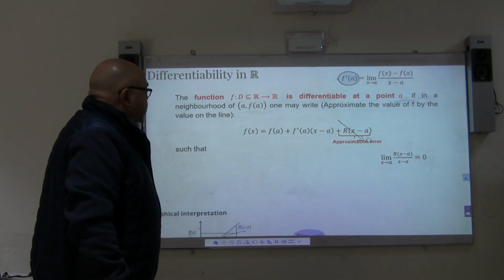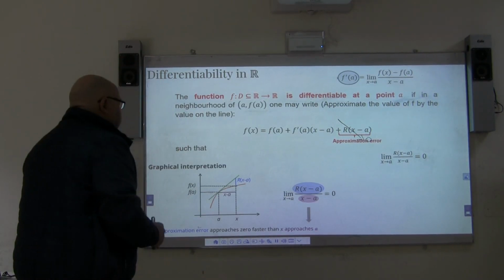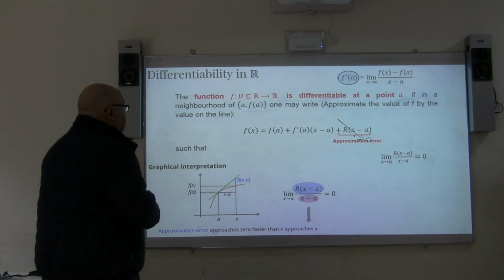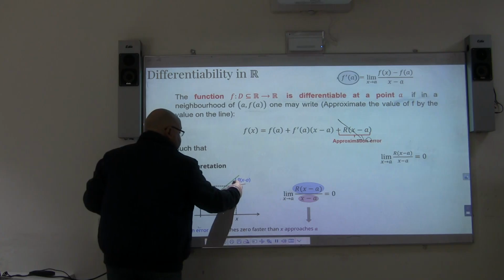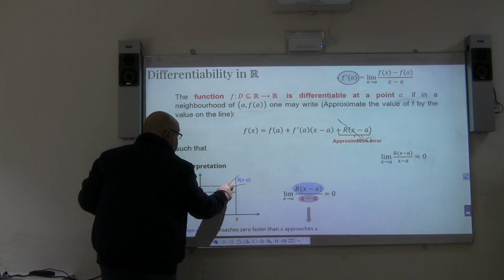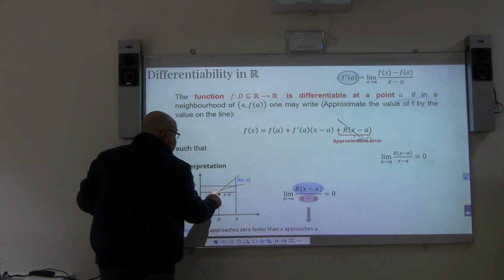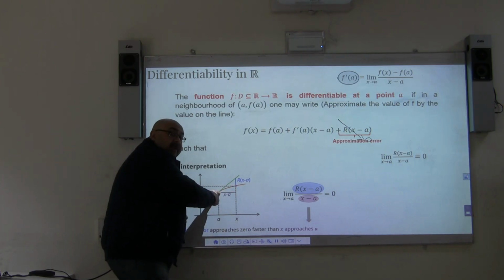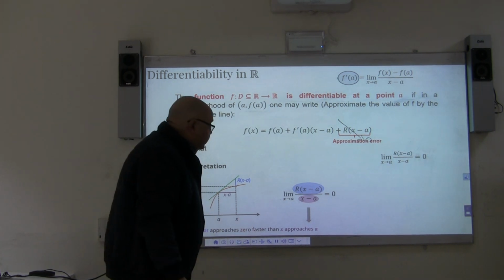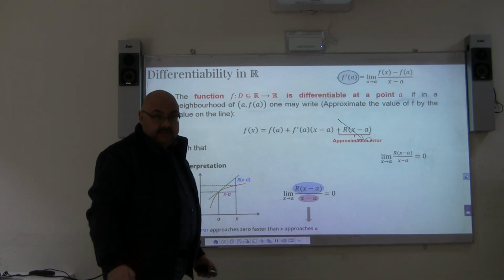Okay, as I told you, this is the approximation error, and once more, it makes sense. If r of x minus a divided by x minus a decreases while x tends to a, then as you move in this direction, the value of the approximation will be exactly equal to the value of the function at this point. This is how to prove that the function is differentiable.